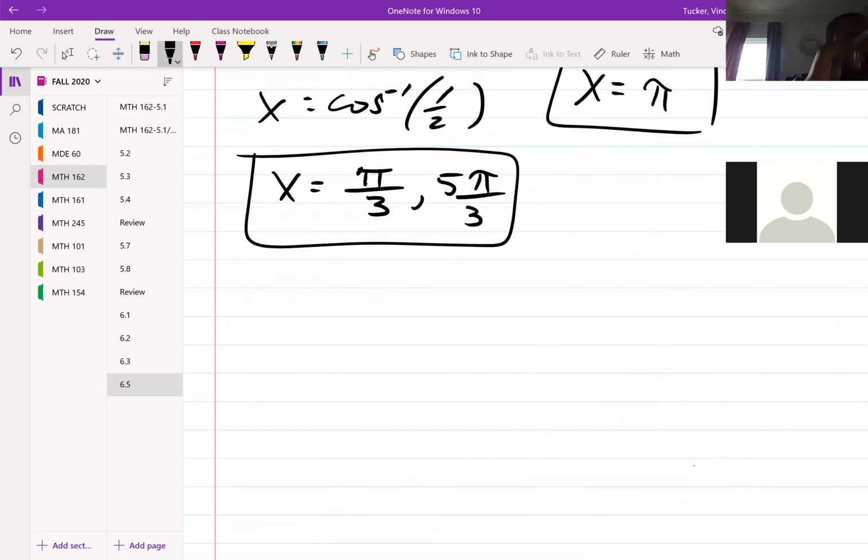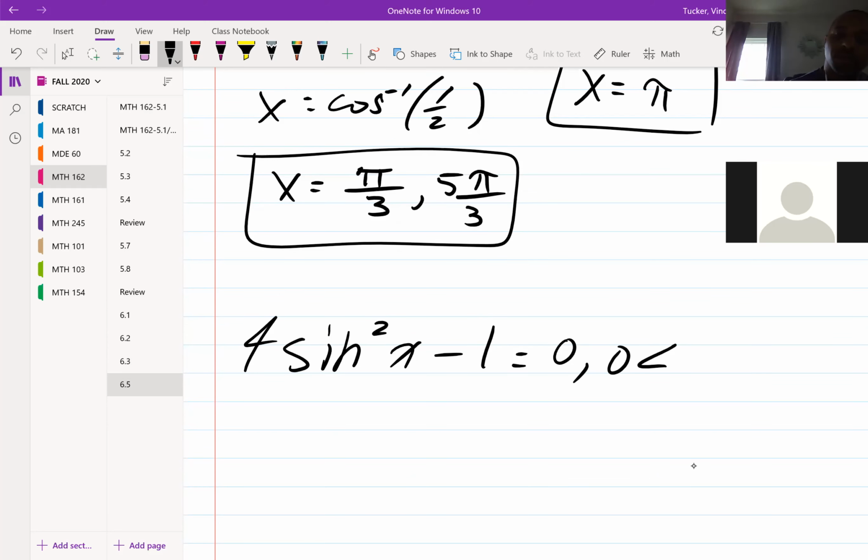Try to run across as many scenarios as you guys may see. So we have 4 sine squared x minus 1 equal to 0.